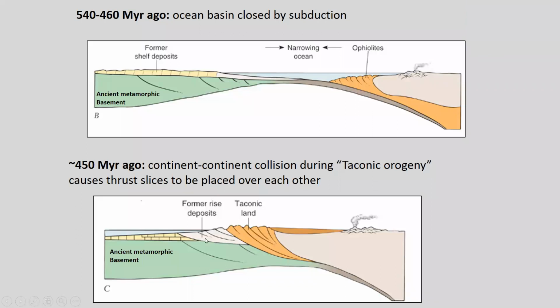And as it did so, it compressed all of these sedimentary rocks and thrust slices of the shelf rocks onto each other, which causes the rocks to be moved laterally and rocks that were further offshore to be placed on top of rocks that were further inshore.